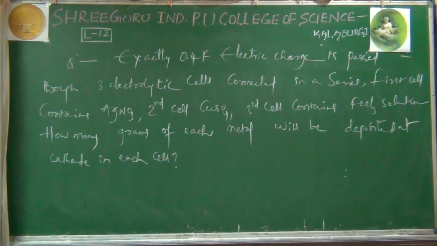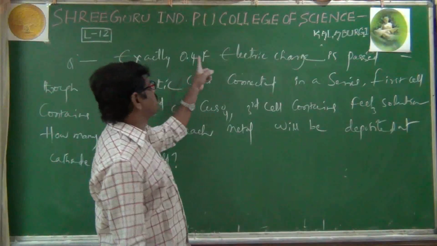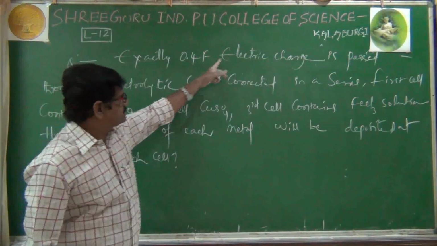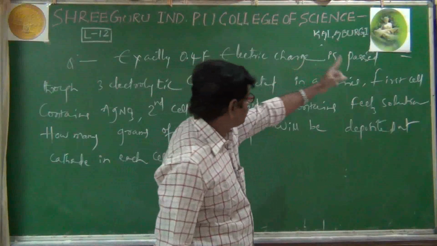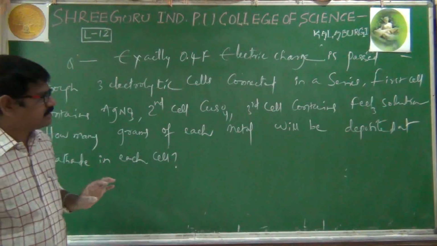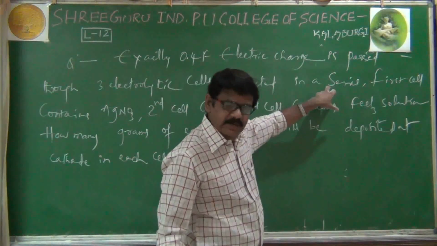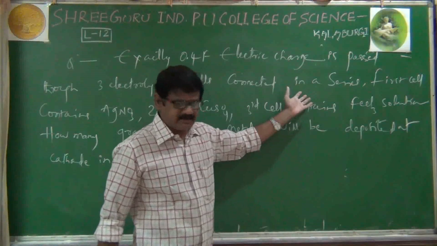This is the question. We'll try to understand the question. Exactly 0.4 Faradays of electric charge is passing into 3 different electrolytic cells, which are connected in series, of course. Connected in series means which law we have to use? Second law of Faraday we have to use.